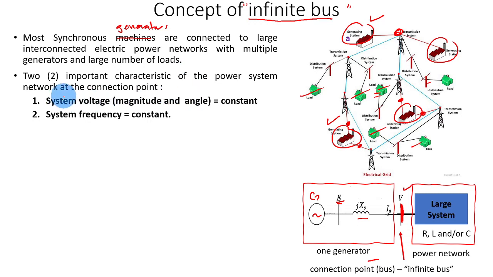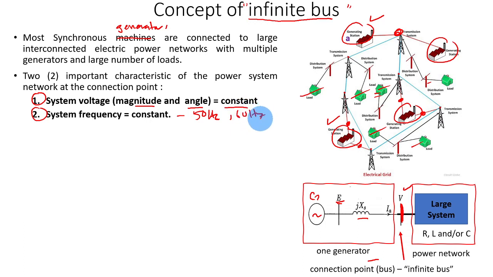At this connection point, or bus, it's important to maintain 2 parameters. As I said before, the system voltage, both magnitude and angle, must be constant, and the system frequency must also be constant. In Malaysia it is 50 hertz; in some other parts of the world perhaps 60 hertz.